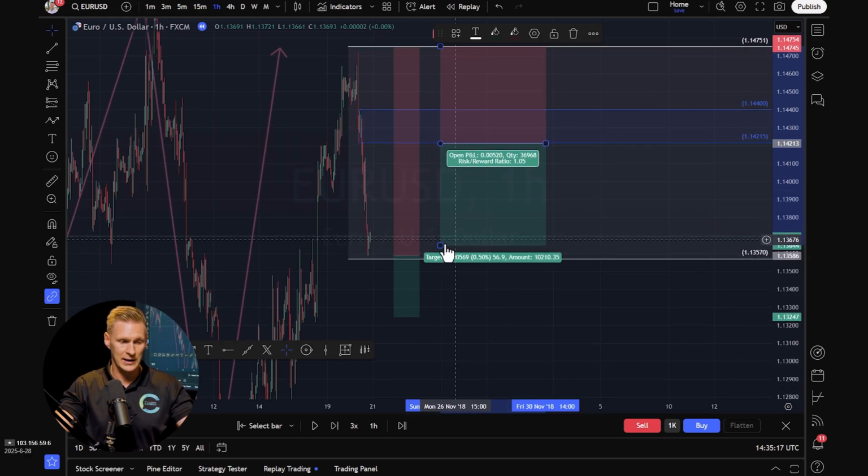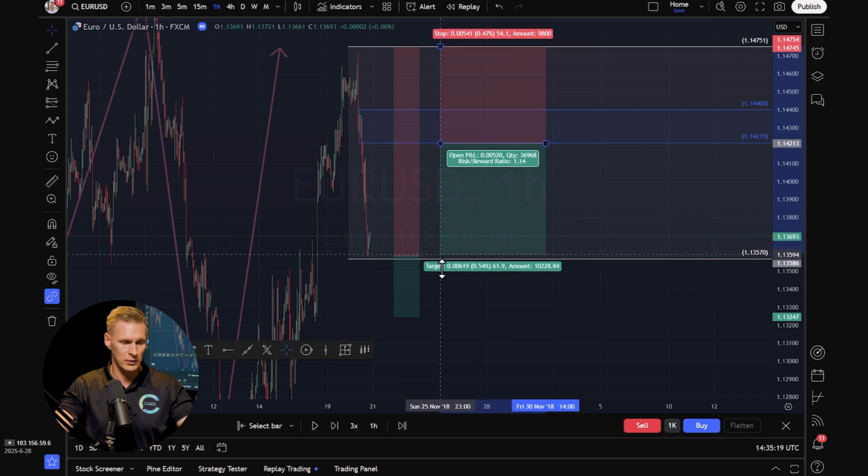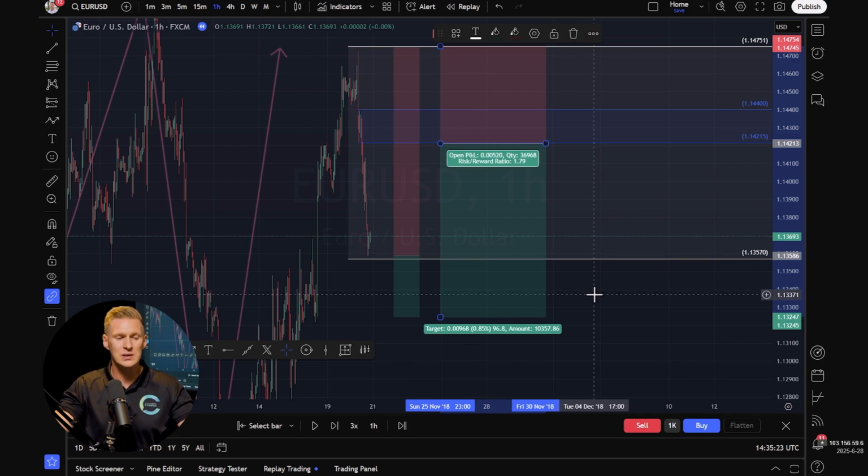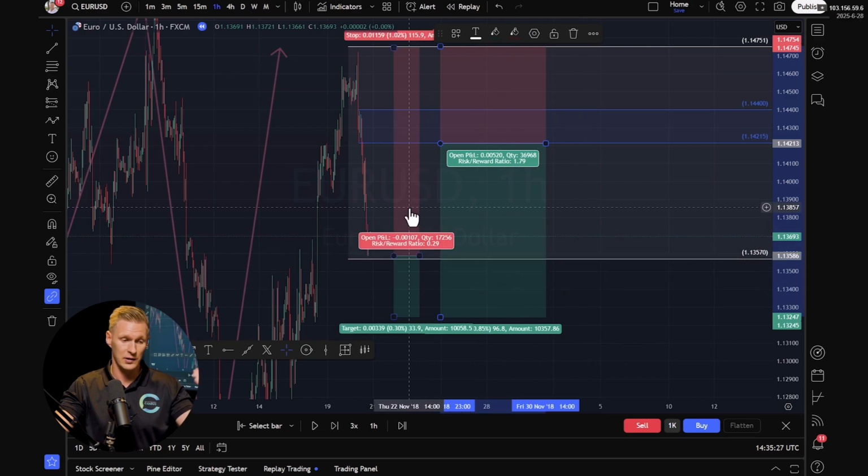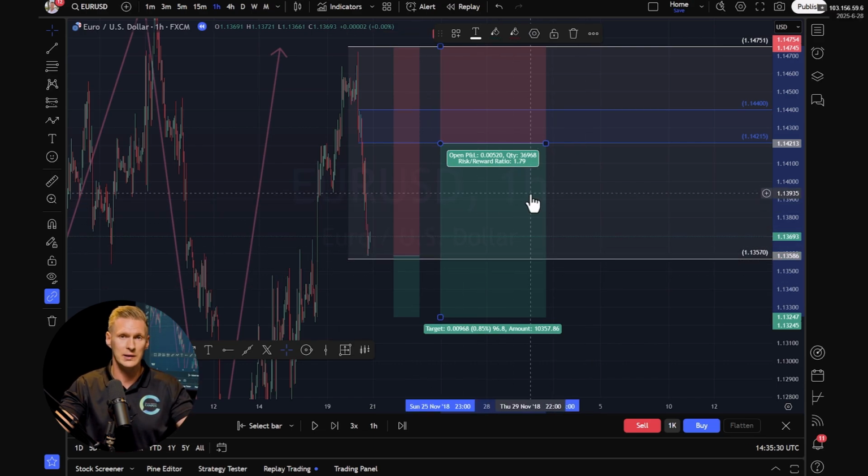Okay, we can go with that. And now let me move our target to the right place. Now we have almost 1.8 R. It's so much better, comparing 0.3 to 1.8. It's definitely better, right?